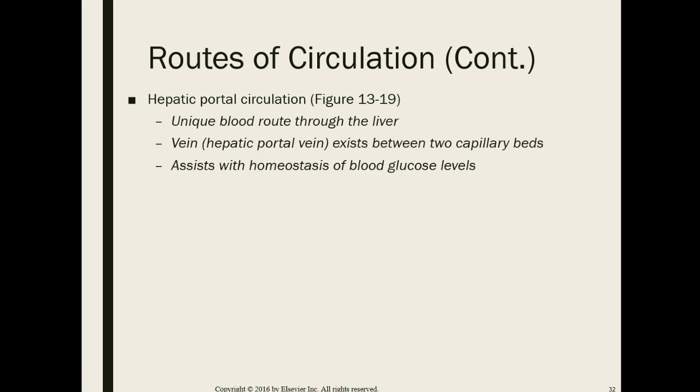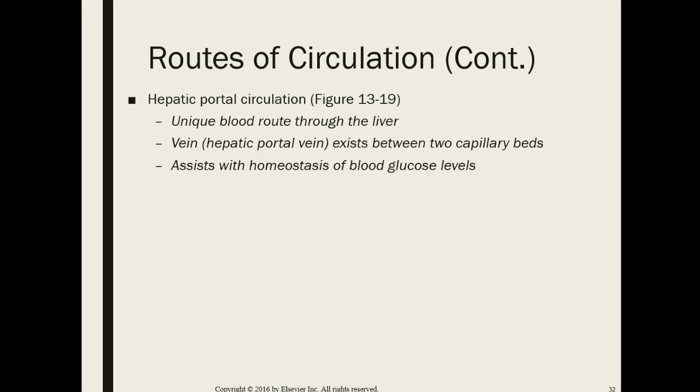It needs to go through kind of a filtration process before it continues on. So what the body wants is for nutrients and waste to be deposited into the liver instead of circulating throughout the blood.